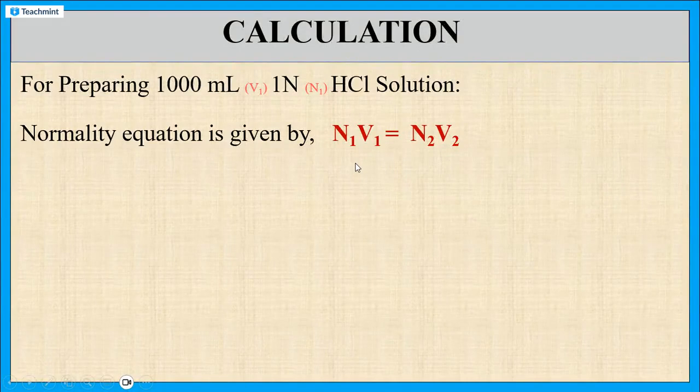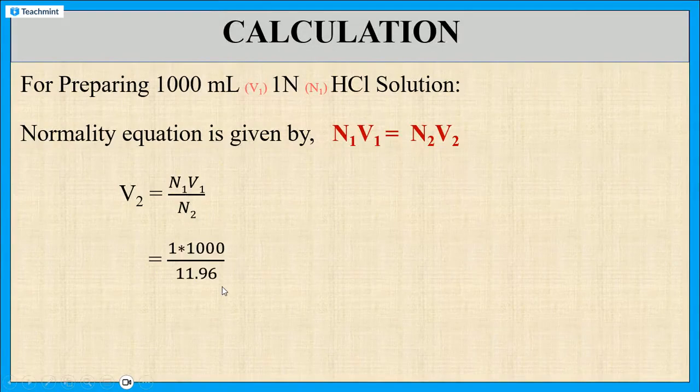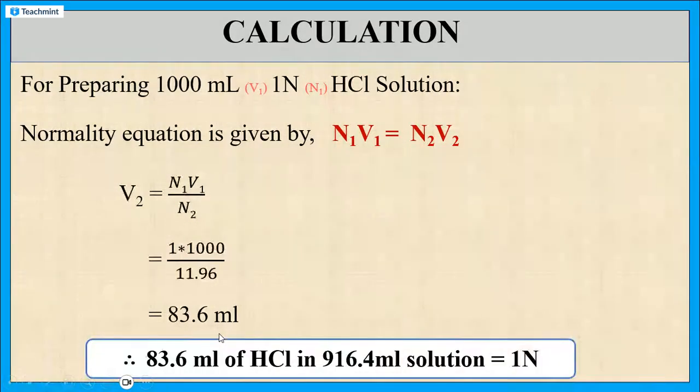Therefore, this formula becomes V2 is equal to N1V1 divided by N2. Substitute these three values. So V2 is equal to 1 into 1000 divided by 11.96, and the answer is 83.6 ml. That means 83.6 ml of HCl in 916.4 ml of the solution is equal to 1 normal.